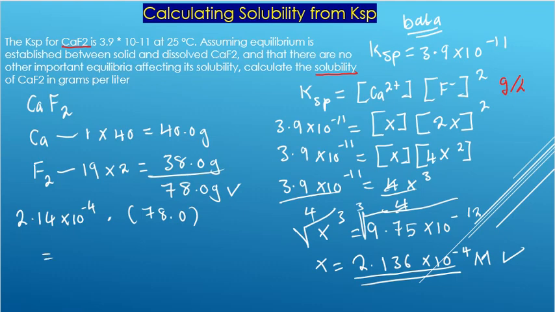Your final answer, of course, is going to be 1.6 multiplied by 10 to the power negative 2. It's supposed to be grams per liter. Okay, so this is very simple.